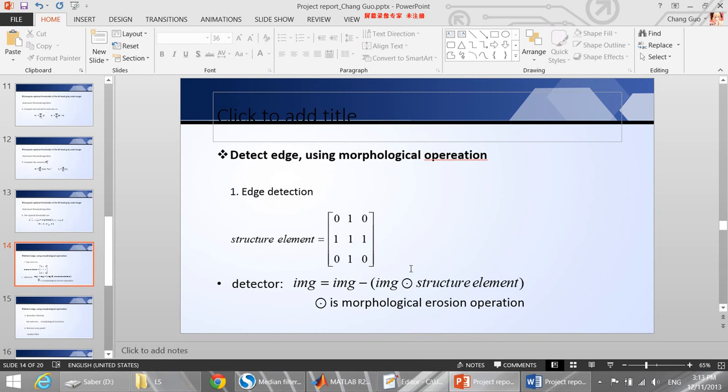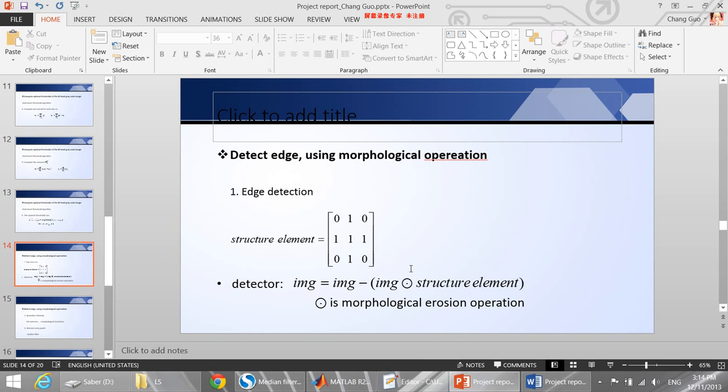The next step, we start the edge detection. Here we use mathematical morphology to detect image edges. Although the basic operations are simple, the operations and their variants can be concatenated to produce much more complex effects.